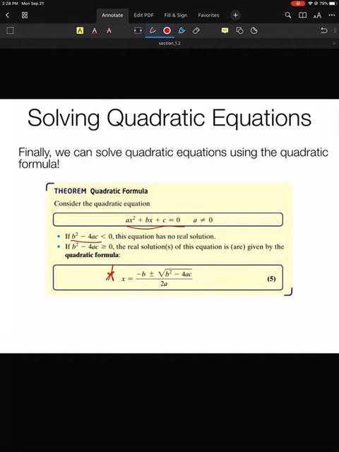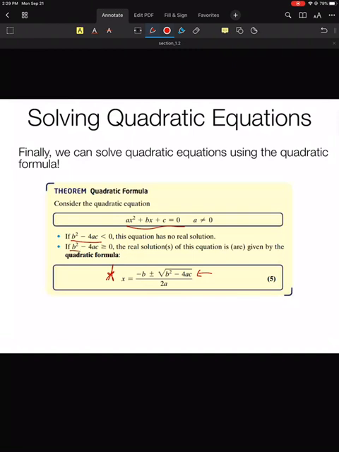Well, if you look in the formula here, b squared minus 4ac is under that square root sign. And if you take the square root of a negative number, you get something imaginary out. It's not a real number. We aren't dealing with imaginary numbers in this course, so it has no real solution.